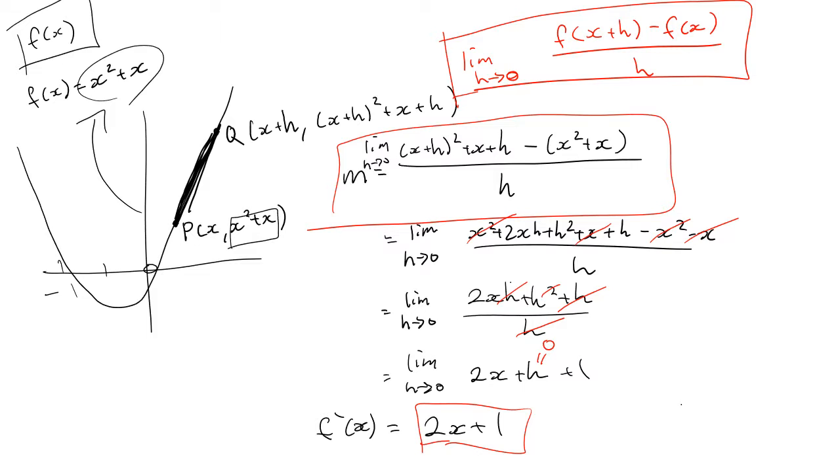Let's try another example. Let's say find the derivative of the function f(x), where f(x) is equal to 3x squared plus 4x plus 3. Now we use the formula.